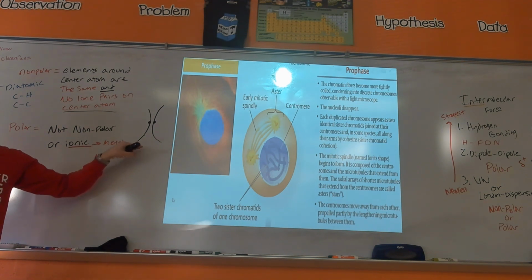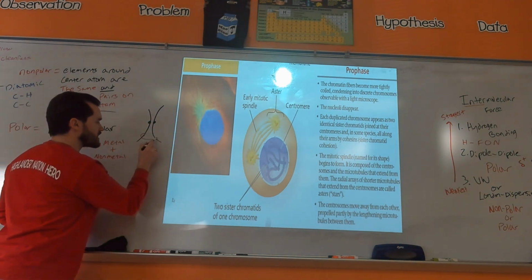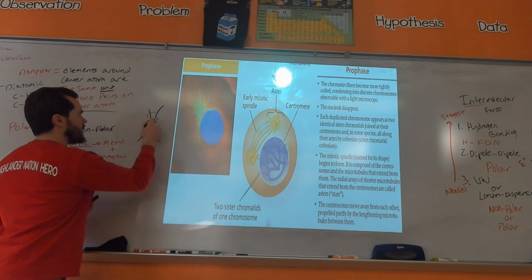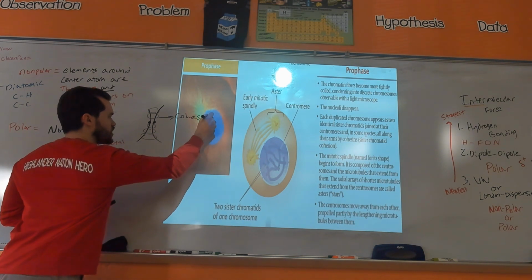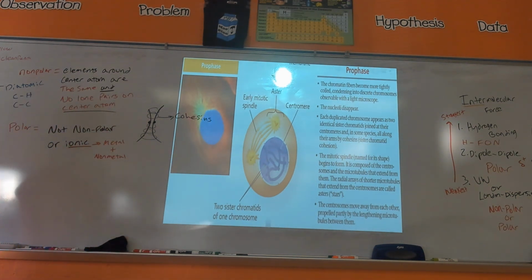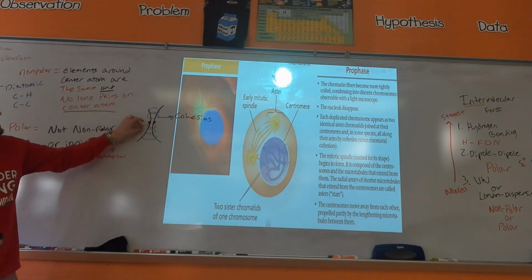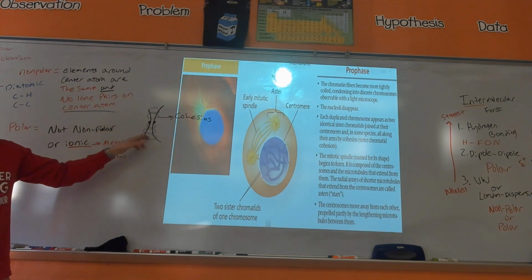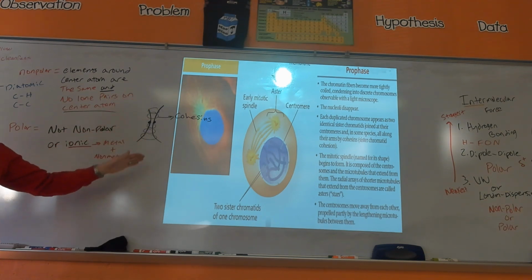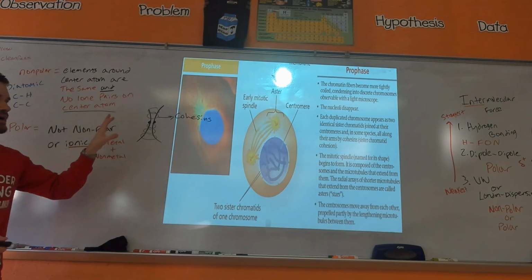They're identical copies of the DNA. Each has a centromere, and they're also connected along their length by these things called cohesins. Cohesion, things are sticking together. So cohesins are protein complexes that keep the sister chromatids together. Eventually we want to separate the sister chromatids, so we'll have to break apart the cohesins. Anyways, so there you go.